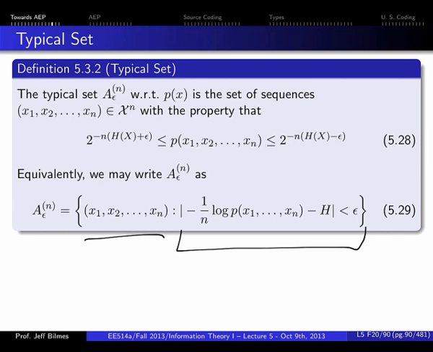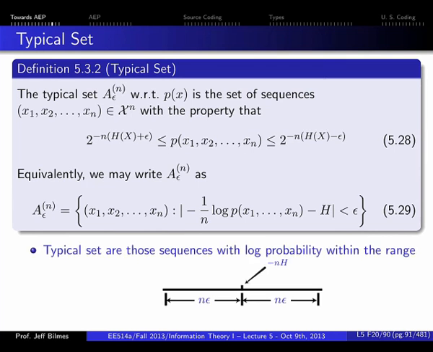Good question. Why is there an upper bound on the probability? Because that seems to be saying the probability of elements in the typical set is upper bounded. Oh, okay. This is just a sandwich discussion. So basically, I have a picture that describes it. This is the log probability of the typical set. So here's log of 2 to the negative nH, which is right here. And we're saying that any sequence whose log probability is within this range is called typical.